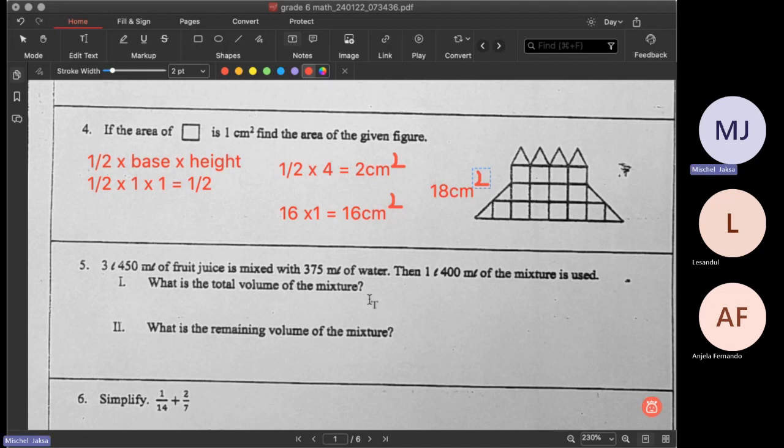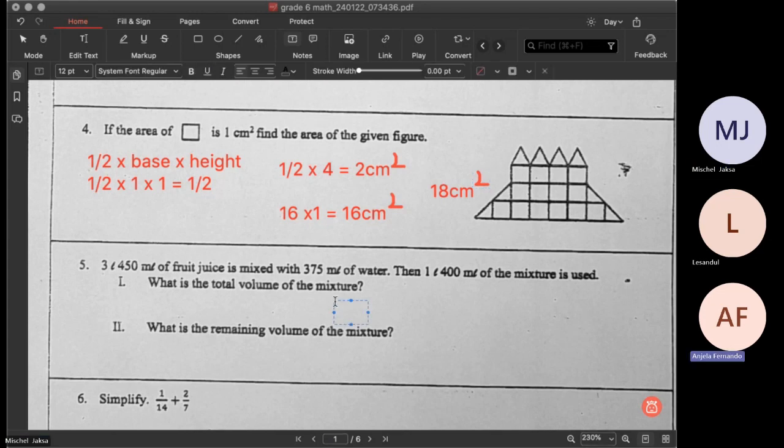We simply have to add 3 liters and 450 milliliters with 375 milliliters. What is the answer that you get? Miss, 3 liters and 825 milliliters.